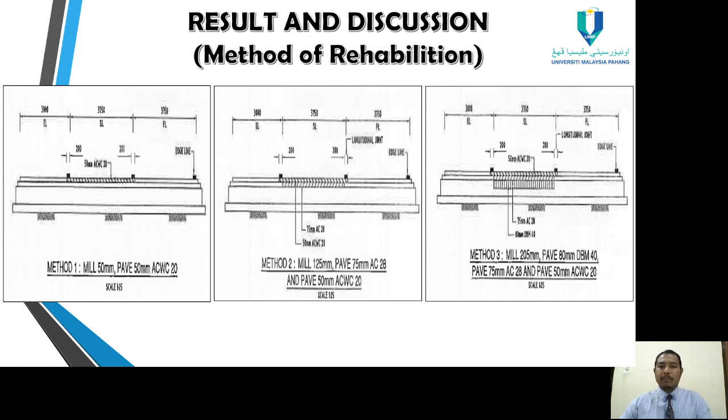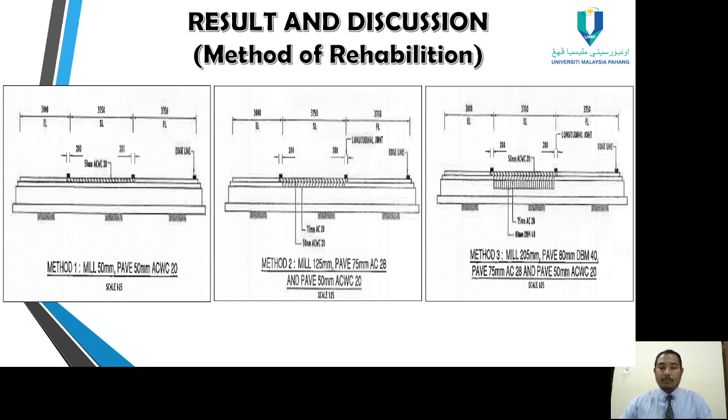For method 3, the road pavement will be removed or milled, cutting out 205 millimeters, replaced by paving 80 mm DBM 40, 75 mm AC28 and 50 mm ACWC 20.